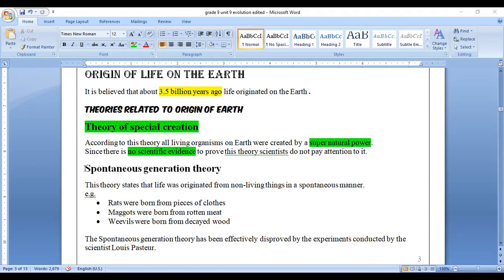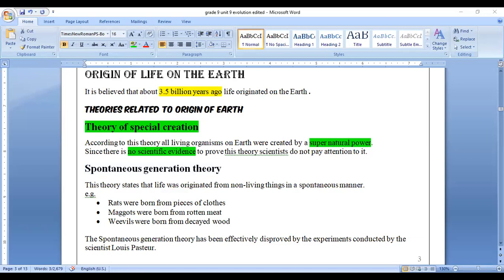Then they came to the next theory. What is it? The theory of spontaneous generation. This is actually a funny theory.